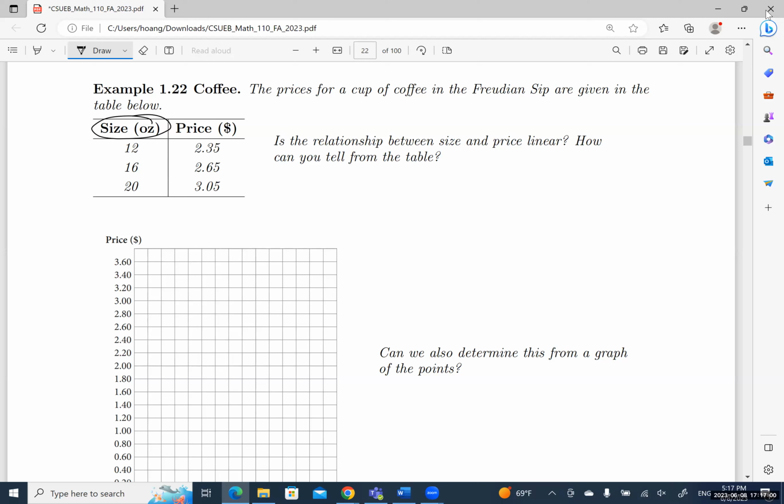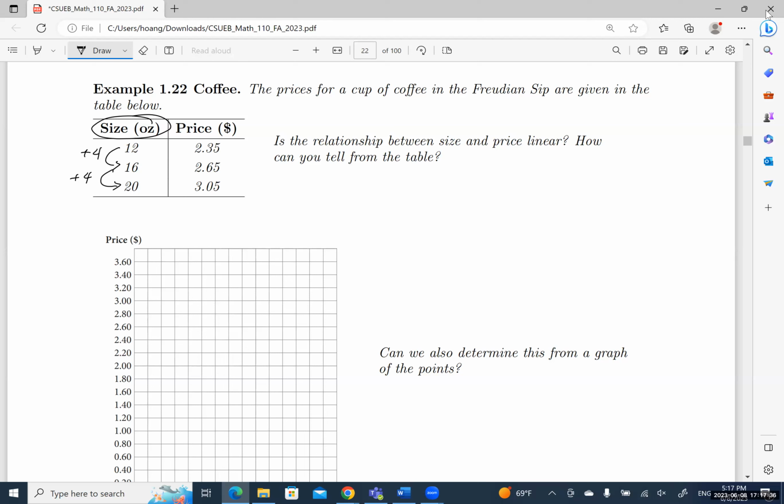The first one was 12, the second one was 16, and the last one is 20. So the difference between the first one and the second one is you add 4 ounces to get the next size, right? And from the second to the third one, you also add 4 ounces to get the 20 ounce for the last size.